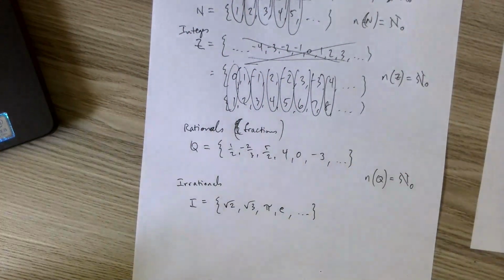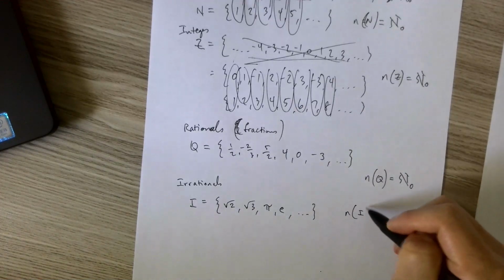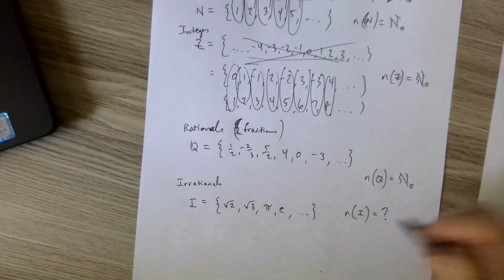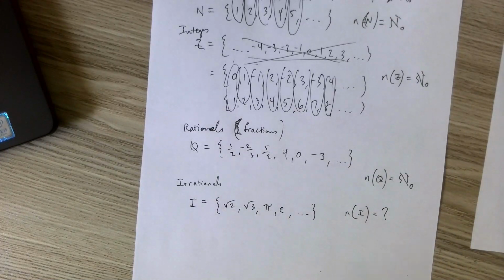You may know irrationals as numbers that, if you wrote them as a decimal, would go on forever, but they don't have a pattern. So, what is the cardinality of irrationals? That'll be the subject of the next video.